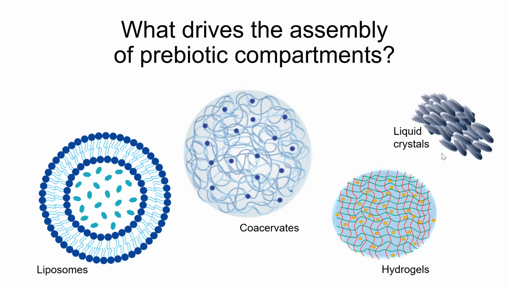So basically, all the molecules that were available on early Earth could interact with each other, and depending on their structure, their size, if they are polymers or not, if they are capable of reacting or not, if they are charged, for example, so if they have positive or negative charges or not, they could interact with each other and form structures that could be called supramolecular structures, which means that we are at a different level of complexity, and we are thinking about how a large number of molecules can behave and assemble into something bigger.